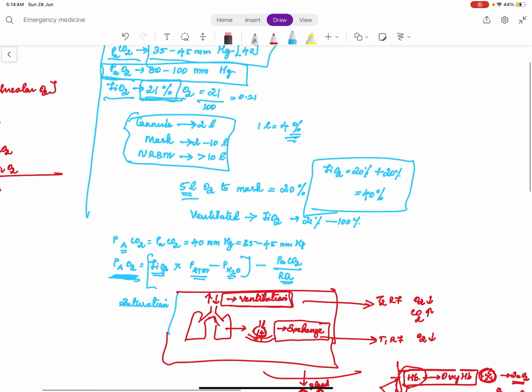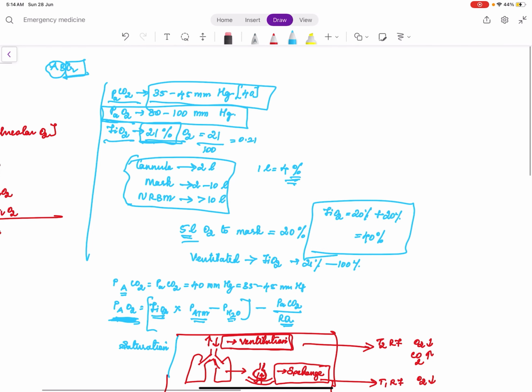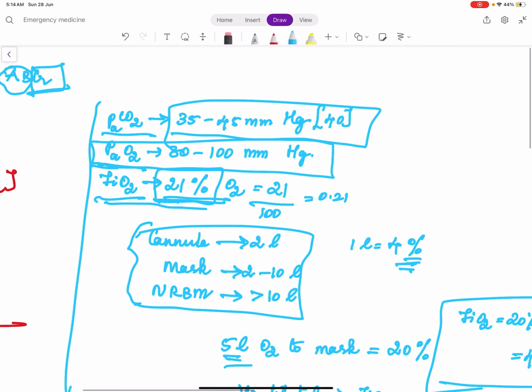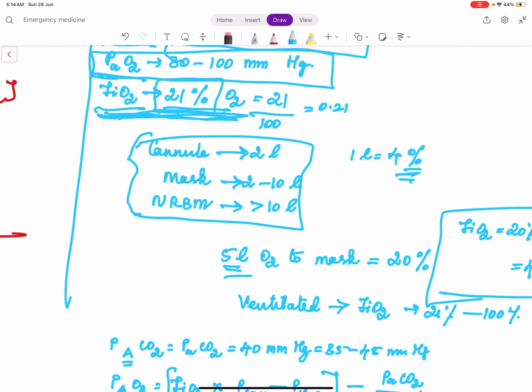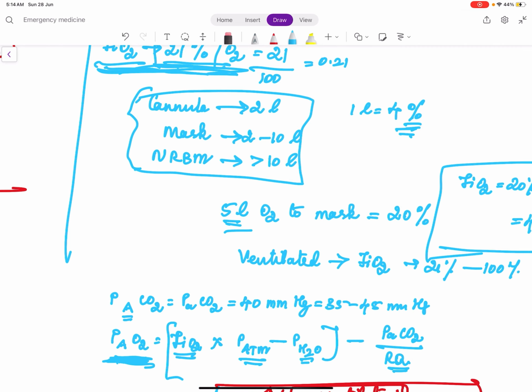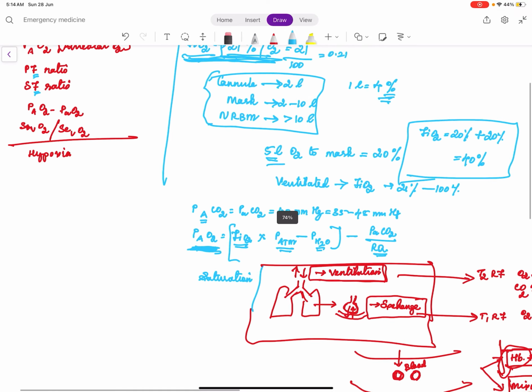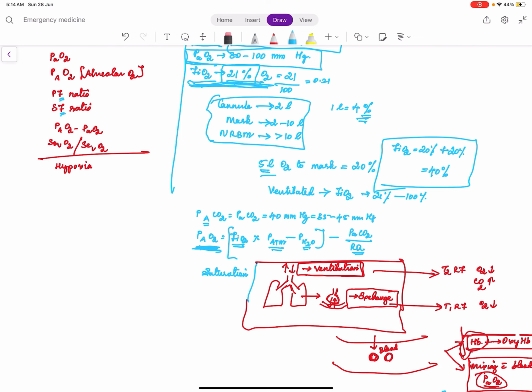P capital A O2, alveolar O2, is the amount of oxygen which is present in the air. Why to know it, I'll tell you later. And FiO2 is fraction of inspired oxygen. Normally in room air it is 21%, and based on oxygen the patient is getting, we have to calculate the FiO2. Okay.